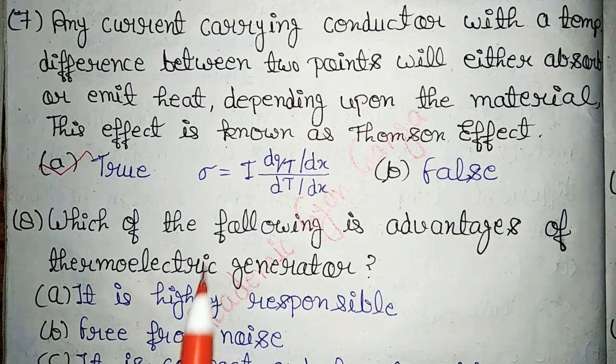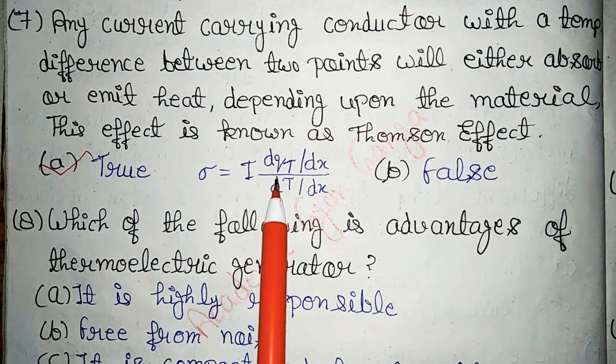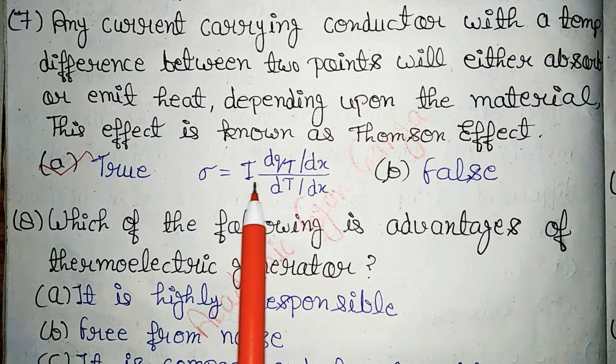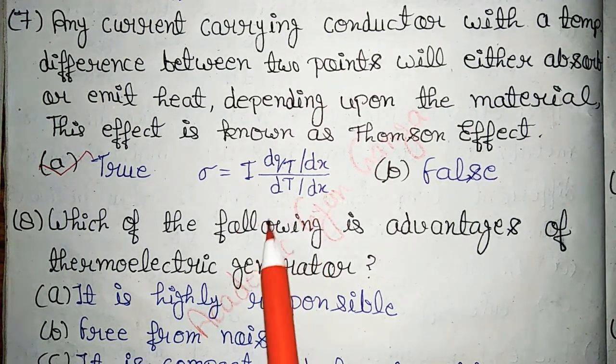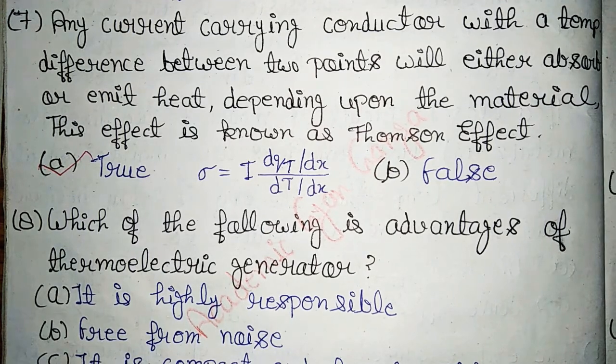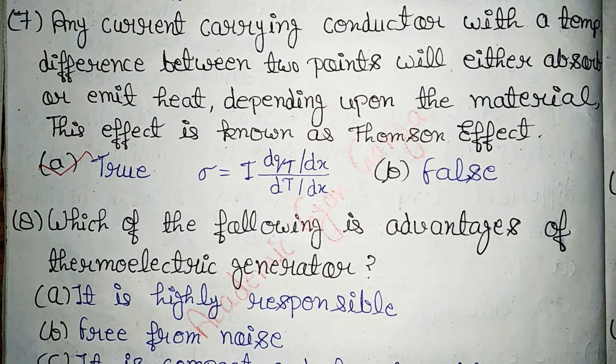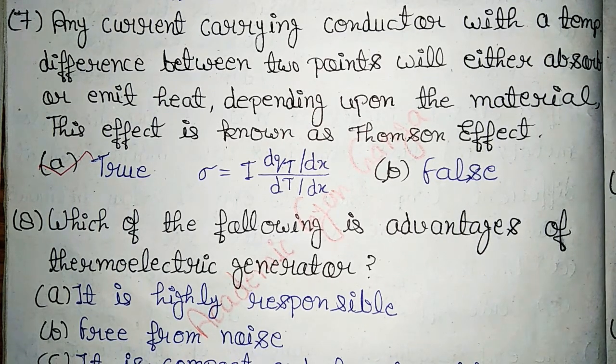Where sigma is equal to I into dqT upon dx upon dT upon dx, where dqT upon dx is equal to heat interchange per unit time per unit length of conductor, and dT upon dx is equal to temperature gradient, and I is equal to current.